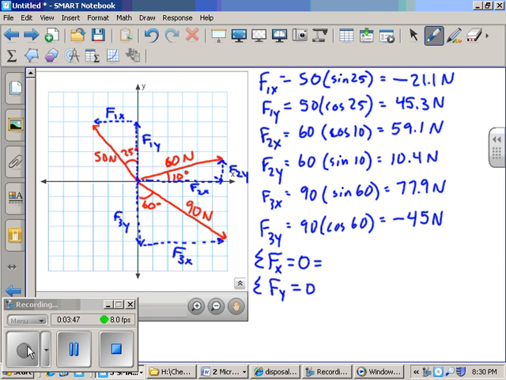That means that F1x, negative 21.1, plus F2x, 59.1, plus F3x, 77.9, plus F equilibrium, or equilibrant, x, must be equal to 0.